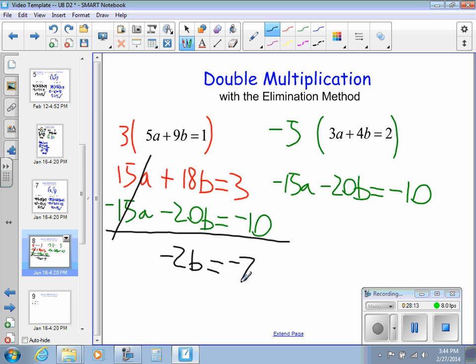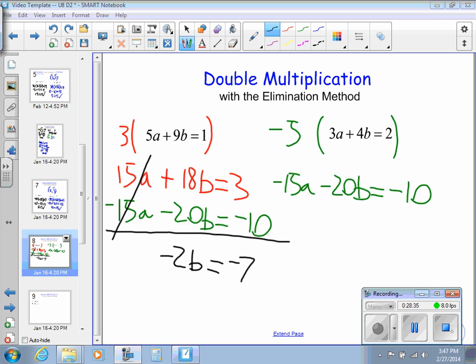Did I make a mistake here, or am I going to end up with a fraction? I'm thinking I made a mistake somewhere. Perhaps I didn't. -20b, 3 minus 10. I end up with -7.